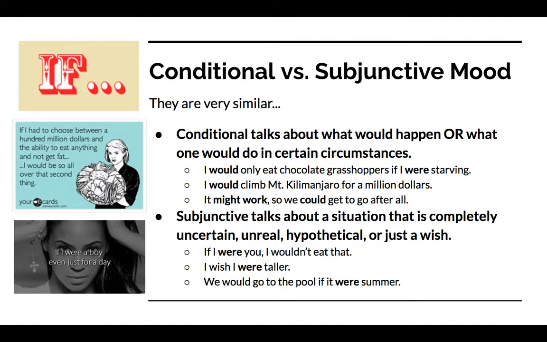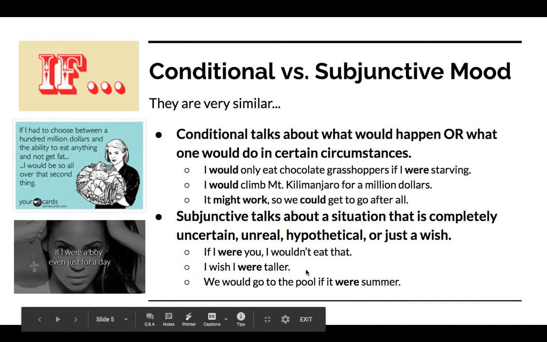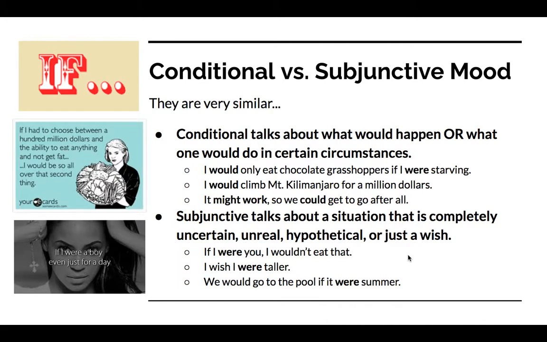So, I wish I were taller. Well, this is unreal, or it's just a wish. When you have key words there like I wish, I hope, I dream, things that indicate some sort of unreal situation, then you're definitely about to use the subjunctive mood.